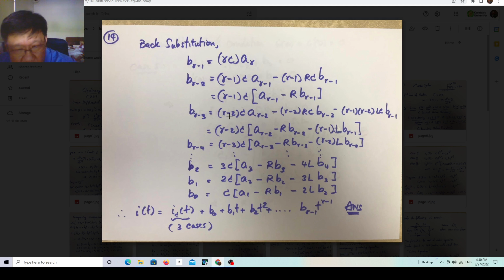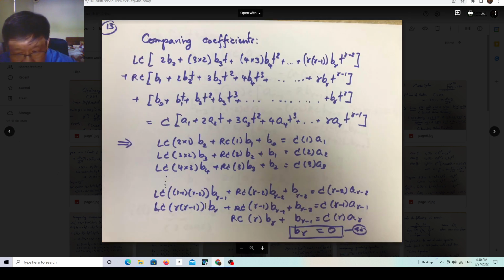So with the second term, the complete term will start at b sub r minus 3. Over here you get r minus 2 times c, a sub r minus 2. We should start here with this equation. B sub r is 0, so b sub r minus 1 is obvious. B sub r minus 2, you have two terms, but once b sub r is 0, it is no more.